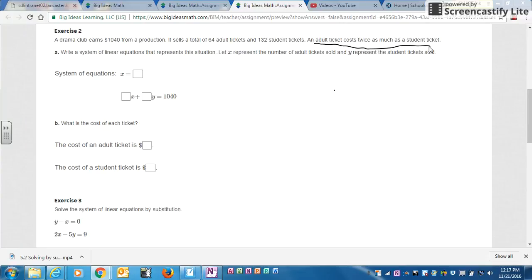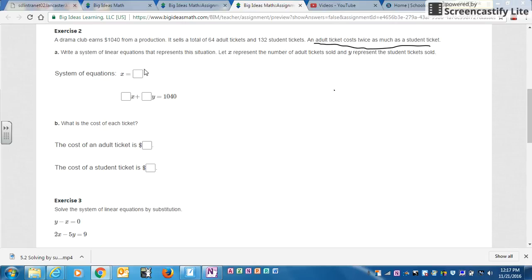So write two equations. Let x represent the number of adult tickets sold and y represent the student tickets sold. I think it may be better if we think of this as x is the cost of an adult ticket and y is the cost of a student ticket. So the first equation I'm getting from right here, an adult ticket costs twice as much as a student ticket.